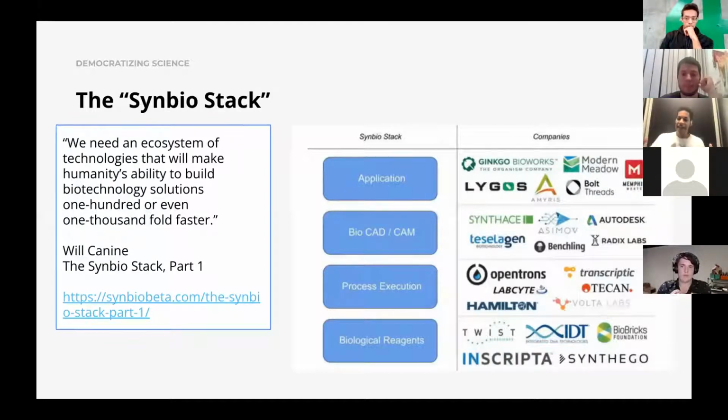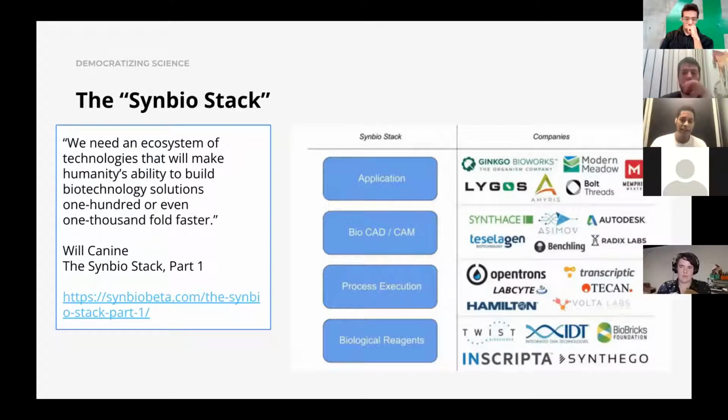So in this stack, what you have are biological reagents, and he gives a few examples of different organizations and companies associated with that, which can then be used with these process execution tools. And that's where Opentrons kind of fits in as a tool, but there are other tools as well. And on top of that, you have basically the technology that puts those two together. And on top, you have the application.